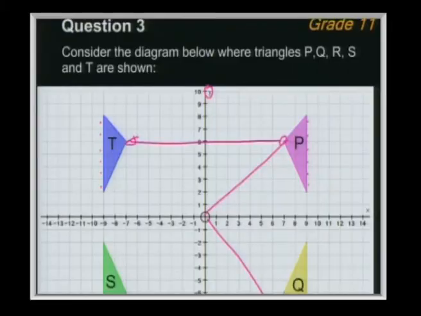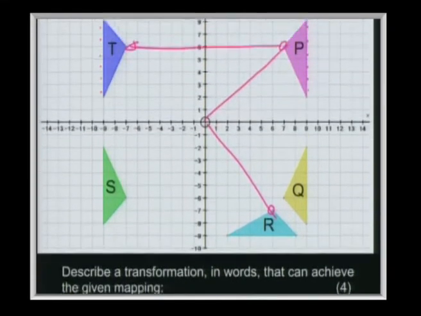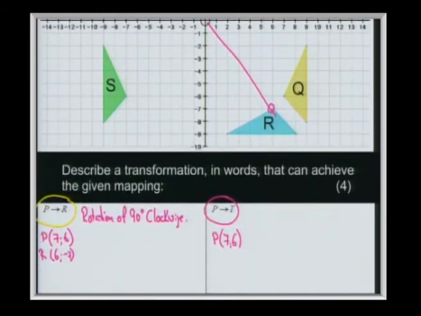I'm, however, going to list one point on P and 1 point on T, just to double check that. Well, I'm going to use the same point on P, the point 7, 6. And as it went across to T, I'm going to use the self-same point over there, which is minus 7, 6. So on T, I get minus 7, 6.